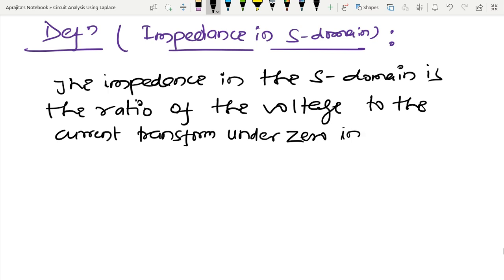Due to that reason, I am putting all initial conditions equal to 0. Otherwise, I cannot give the same name as impedance.